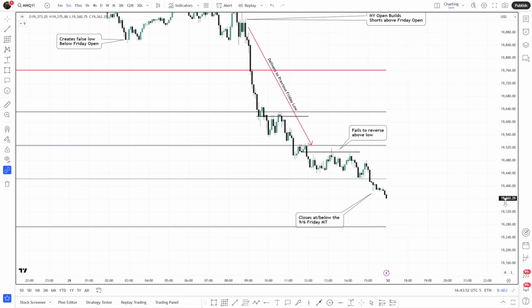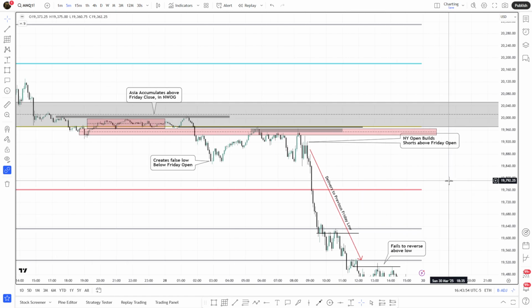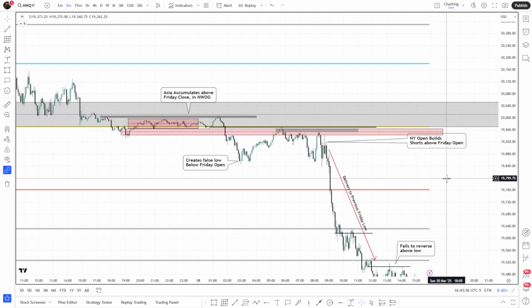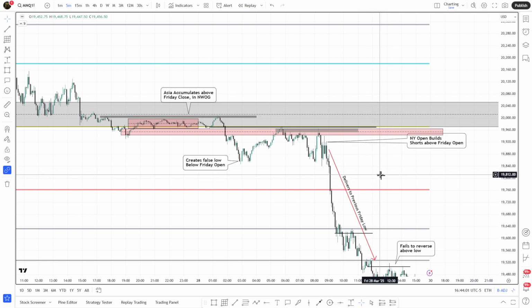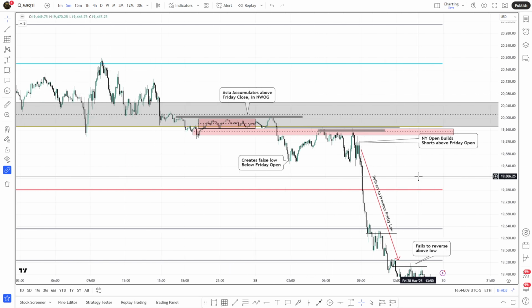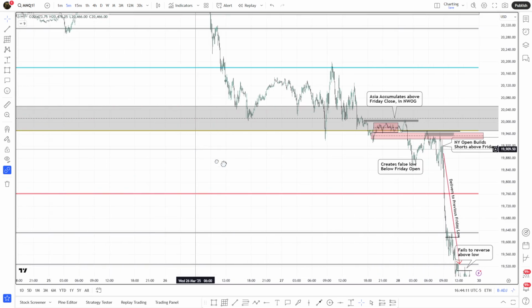And so I do like to throw this on for confluence with daily levels, because again, in my mind, all this is just mathematics. That's why so many different strategies can work if you have good risk management. But it helps frame the week for me.